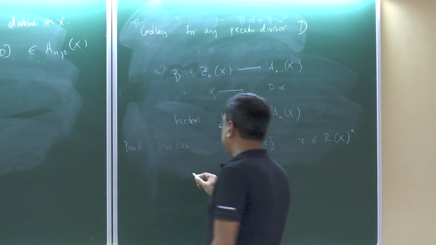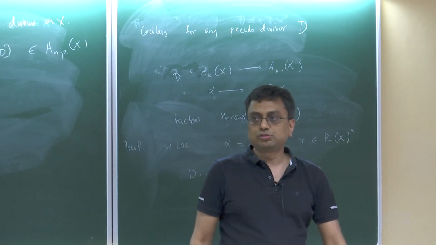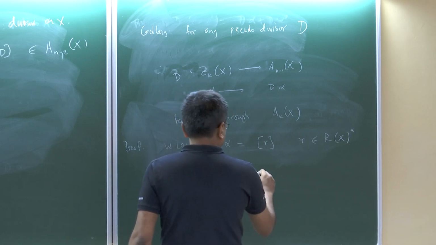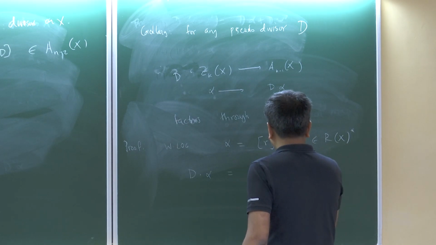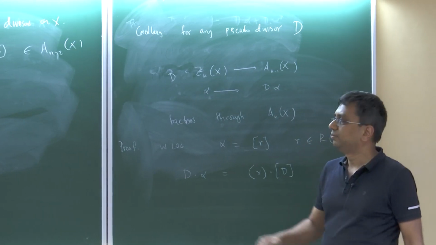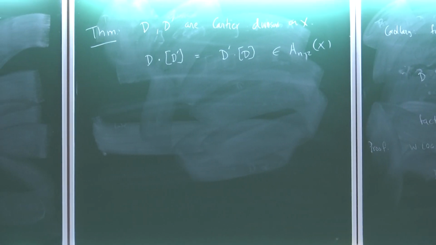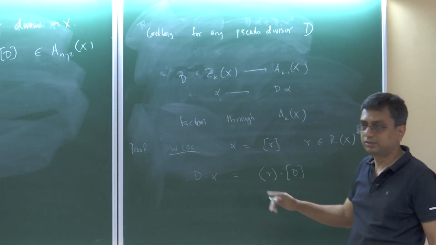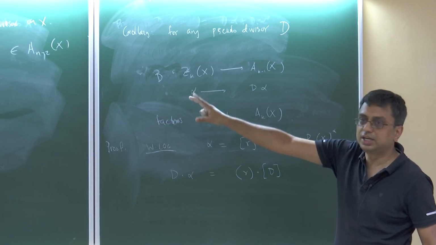Okay, but what is D dot alpha? Now alpha is also defined by a Cartier divisor. This is equal to the Cartier divisor defined by alpha dot the Weil divisor defined by D, because of this theorem. Now if alpha is a Cartier divisor, which it is by my reduction, then I can interchange that order.